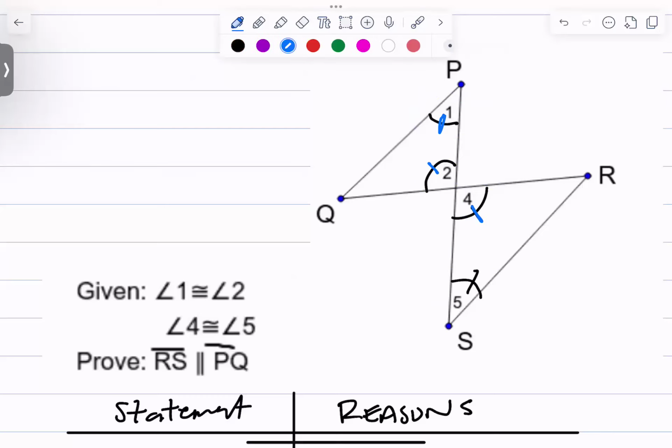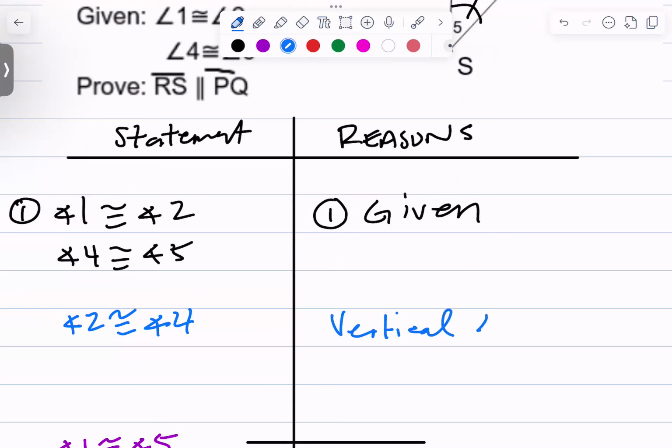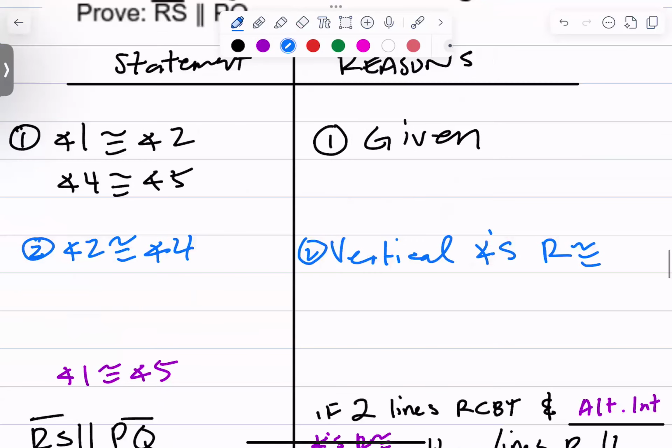So I can put down here that angle 2 is congruent to angle 4 because vertical angles are congruent. This is my third step. How do I know that? Let me build this. Angle 1 is congruent to angle 2. Angle 2 is congruent to angle 4. Angle 4 is congruent to angle 5. Therefore, I know angle 1 is congruent to angle 5.